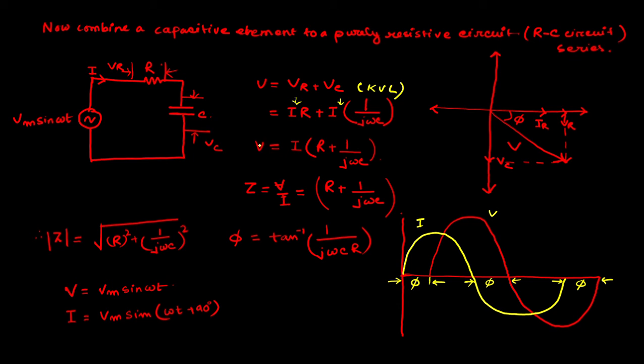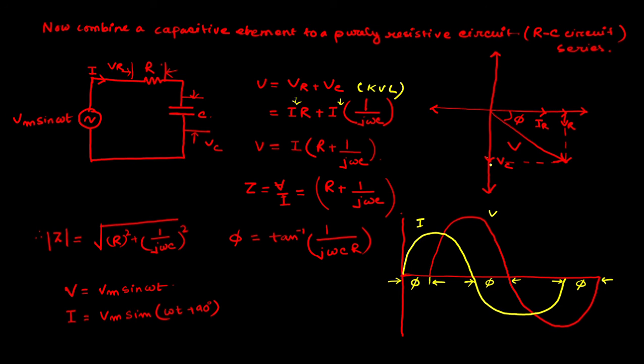Now here we can see that VC, we have seen from the first slide, is lagging in nature. It lags the actual voltage by an angle of 90 degrees. So VC is acting 90 degrees behind the actual supply voltage.